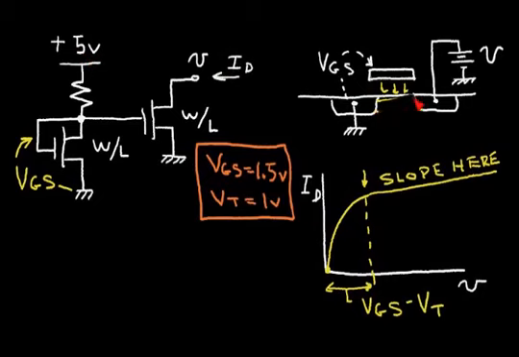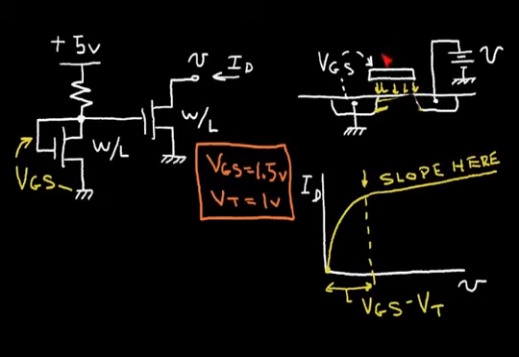And as we raise the drain voltage, I may have a very strong electric field on this part of the channel. But as I raise the drain voltage, the electric field over on the right side of the gate becomes less and less.